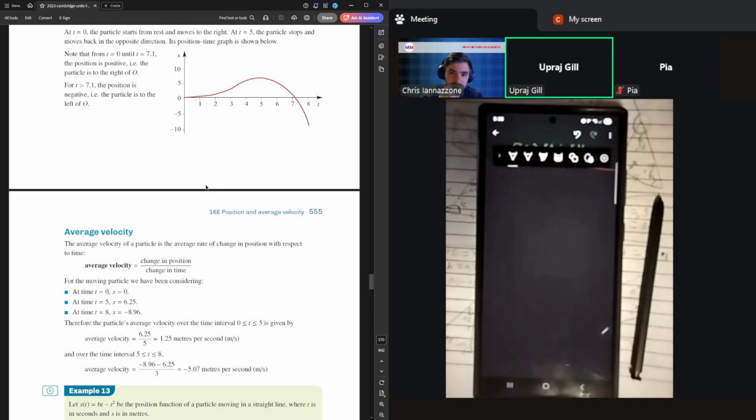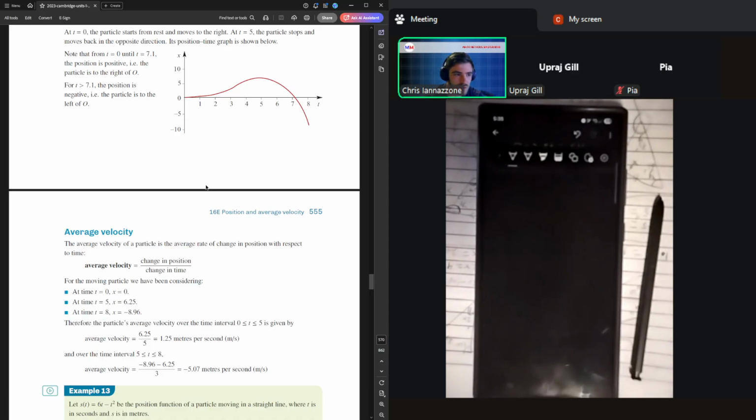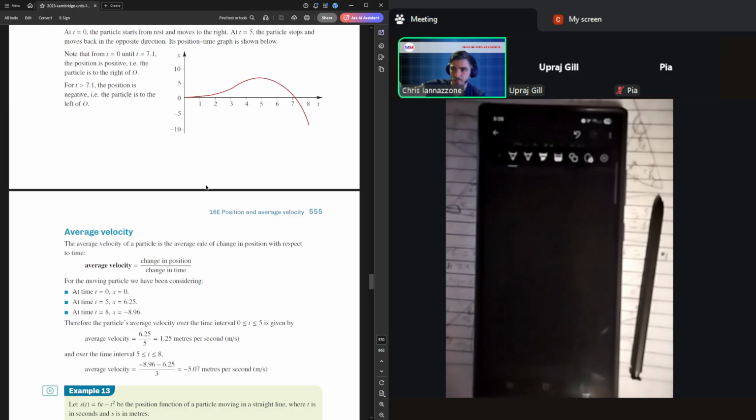Does that mean that position is only from the origin? Yeah, I think that's what I was going to get at, which is position, I believe, is purely with reference to the origin, whereas displacement can technically have a variable start location. So if you started 3 meters away from your origin, your displacement from that starting point to where you end up isn't necessarily going to match the position away from the origin.